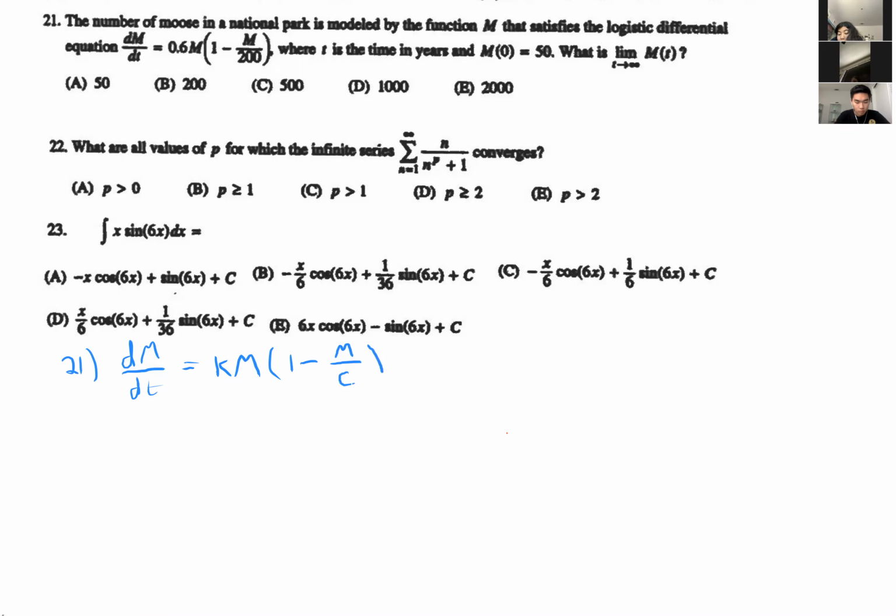So where C is the carrying capacity, that means the maximum number of moose the park can hold before it doesn't have the resources for them to continue growing in population. C is max carrying capacity.